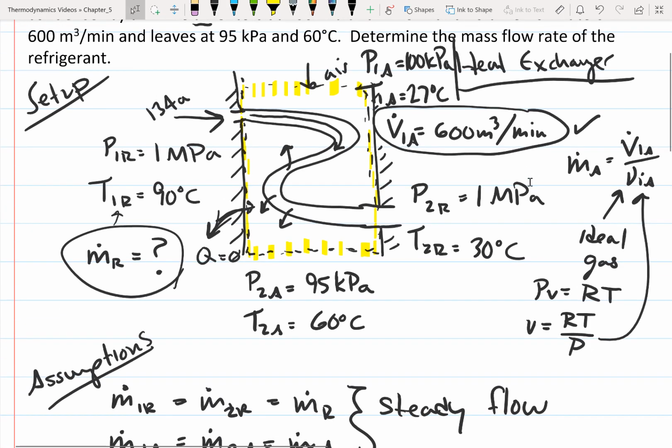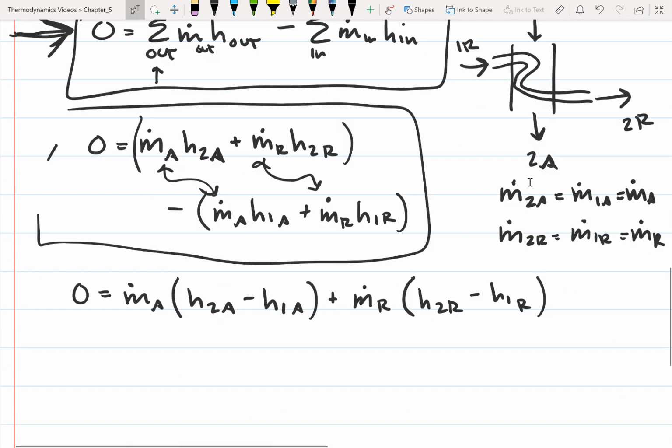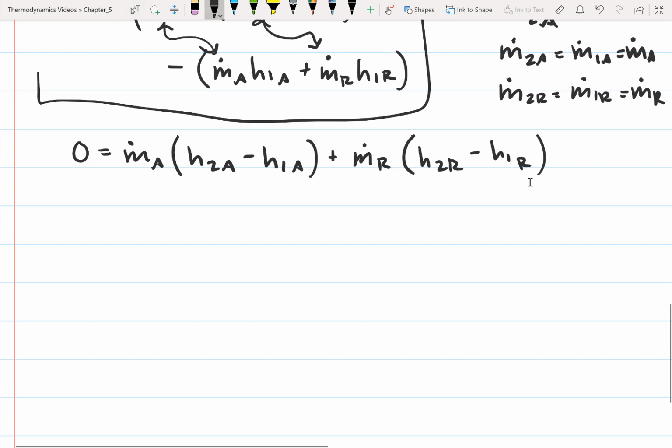If we go back down to this problem, this is known once we calculate it, and I'll just rewrite that here. So the mass flow rate of the air is equal to the volumetric flow rate, and I'm going to actually be a little more specific.